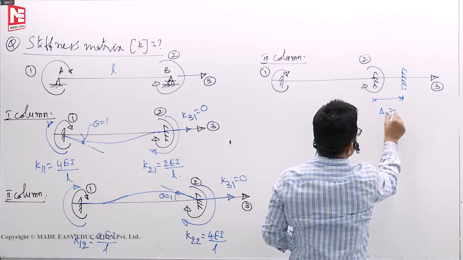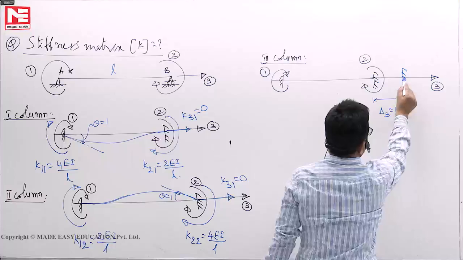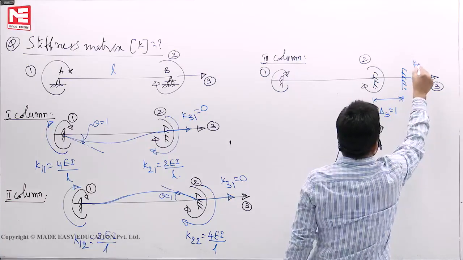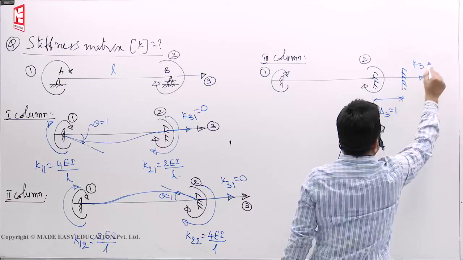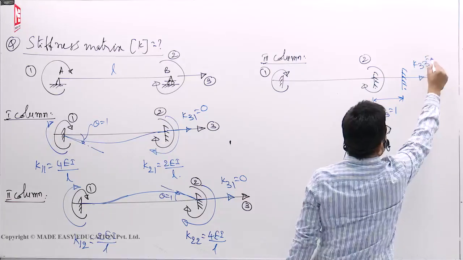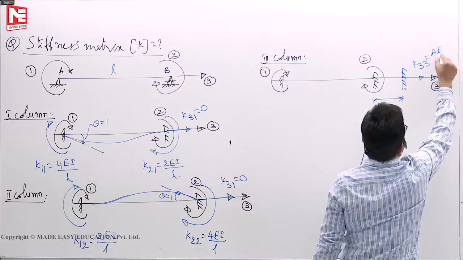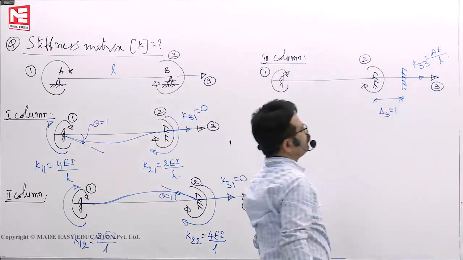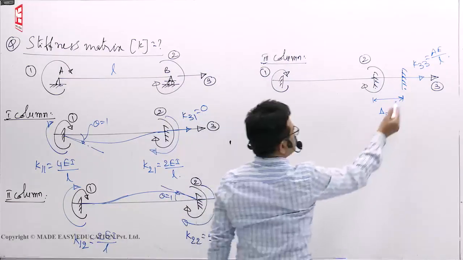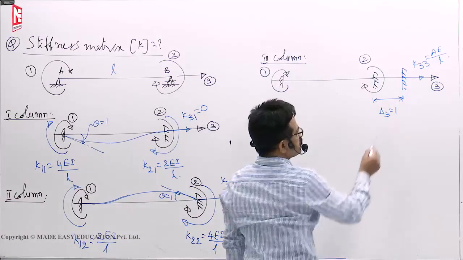This is delta 3, I can take it as 1. Because of this, the force at 3 because of unit displacement at 3, K33, we know is AE by L, from PL by AE. That means AE by L is the axial stiffness.